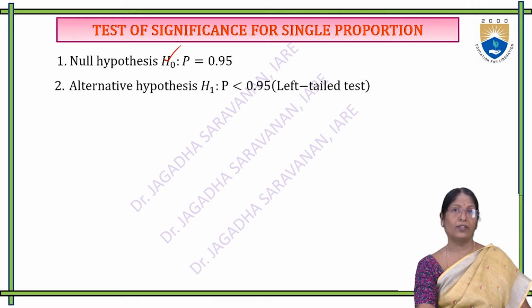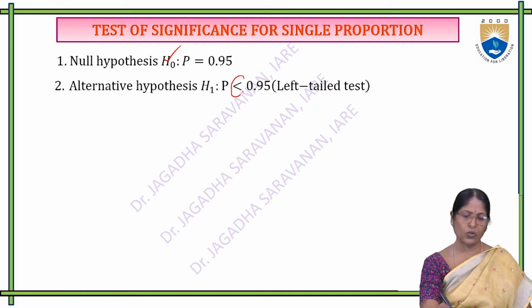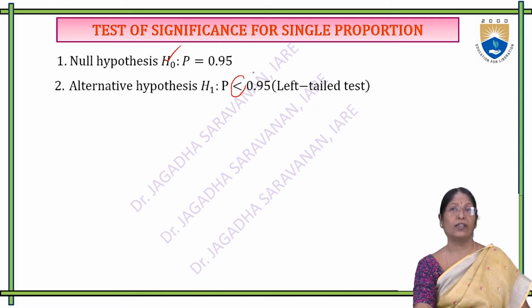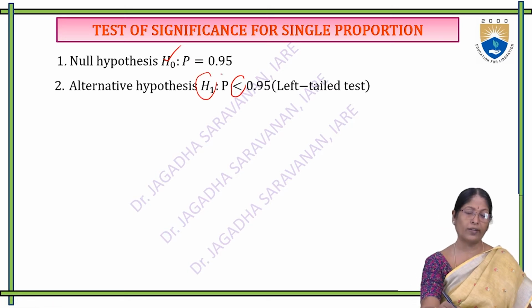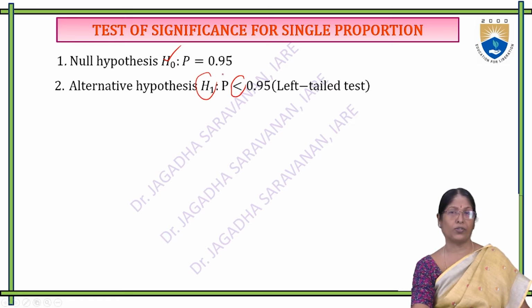In the previous slide, the sample proportion we noticed was 0.91. That indicates that the sample result is less than the population proportion. That is the main reason we selected less than here. The alternative hypothesis is capital H1. So a left-tailed test we adopted here. The level of significance is alpha equal to 0.05.